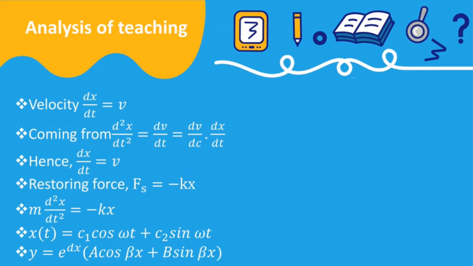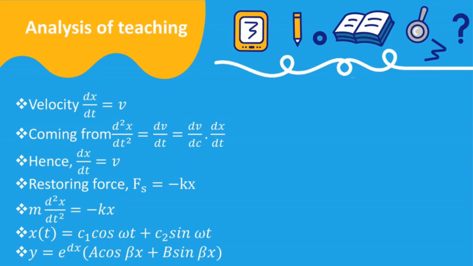Analysis of teaching. Velocity dx over dt equals v, coming from d2x over dt2 equals dv over dt equals dv over dx times dx over dt. Hence dx over dt equals v.